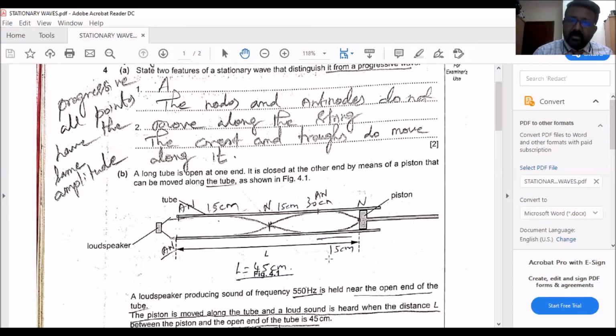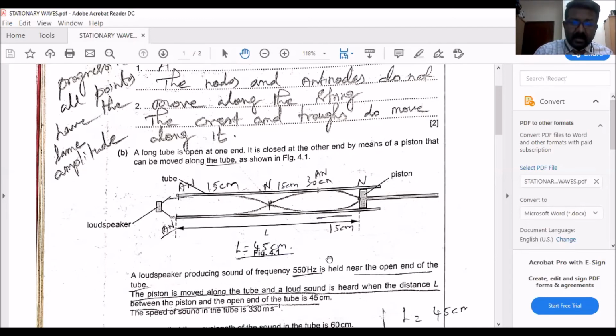And 1/4 of a wavelength, we have just calculated, is equal to 15 centimeter. Therefore, 3/4 of a wavelength is equal to 45 centimeter. The length of the air column is also adjusted to 45 centimeter because the piston has moved to 45 centimeter. Now we will be able to observe the second loud sound when the speaker is in front of the closed organ pipe.